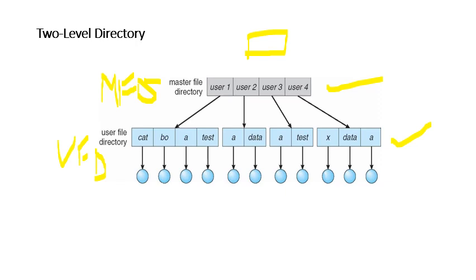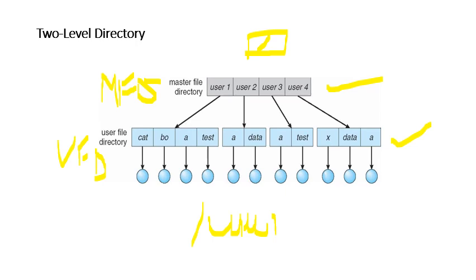And coming here, the advantages are that we can give the full path. Look, how do we give the path? Slash is the root directory, and user1 is a master file directory.